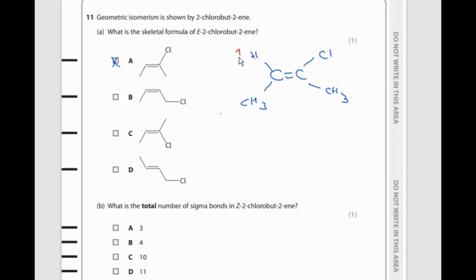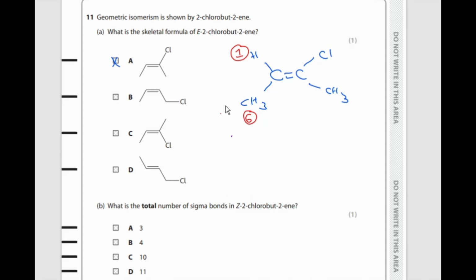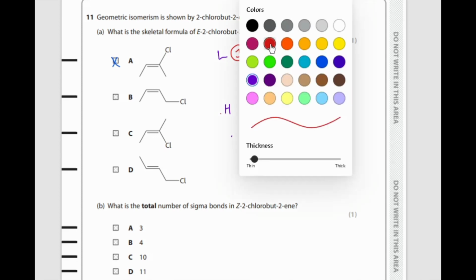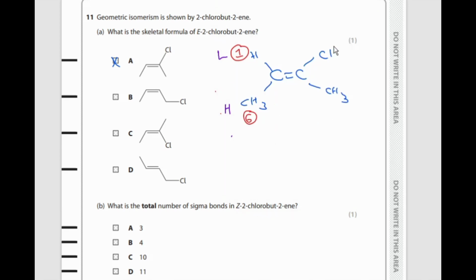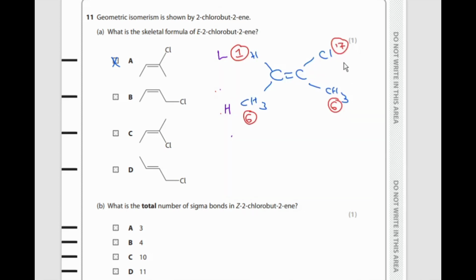So for the first one, we start to the left side. Hydrogen has atomic number 1 and carbon has atomic number 6. So in this case, when we are doing our ranking, it would mean that carbon is of a higher rank and hydrogen is of a lower rank. We move to the next side, which is the right side. Now chlorine has atomic number 17 and carbon has atomic number 6.